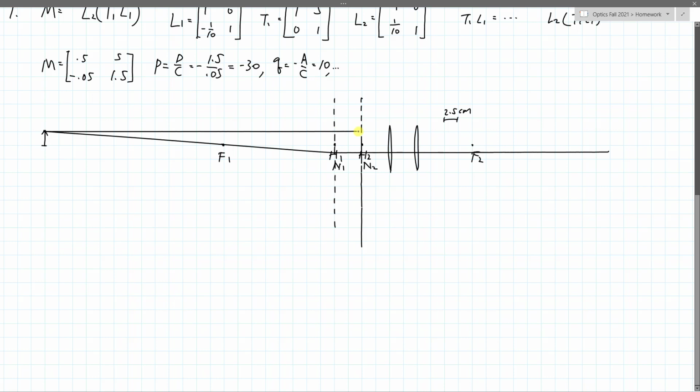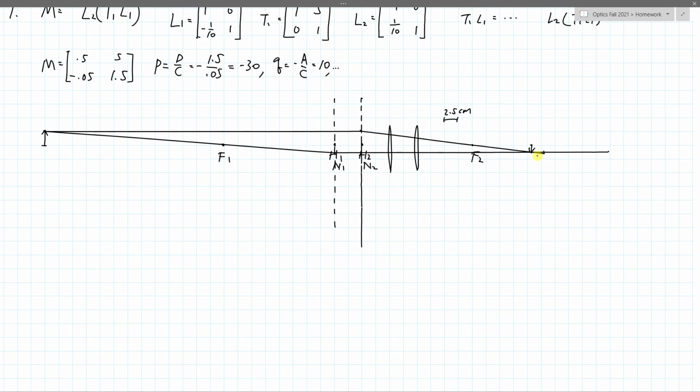Right here, and then goes through the second focal point right here. Okay, so this is your image. So it's just an arbitrary image, and sorry the numbers are kind of big, but that's what this is.